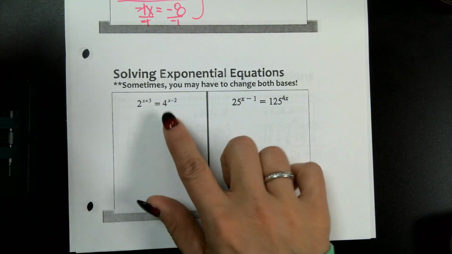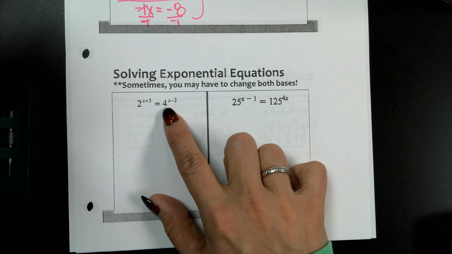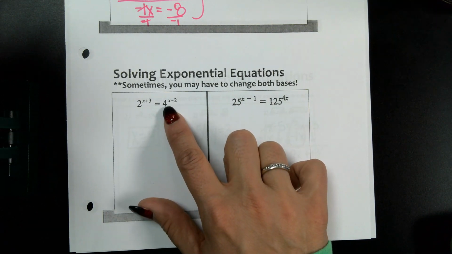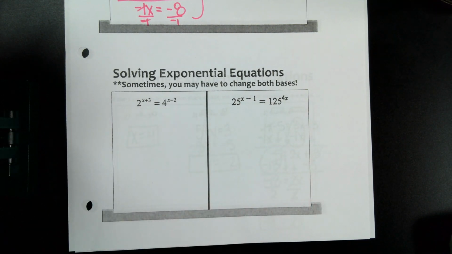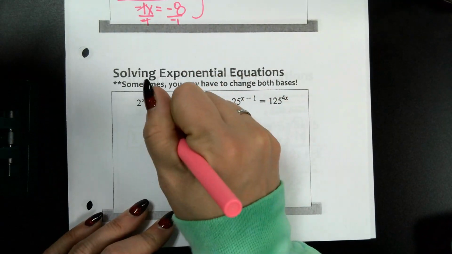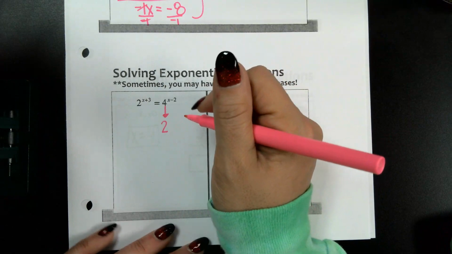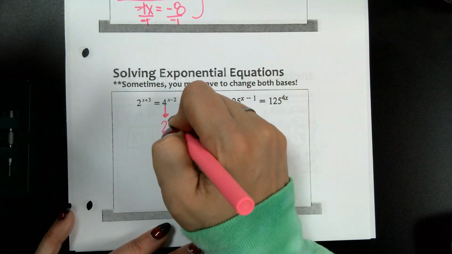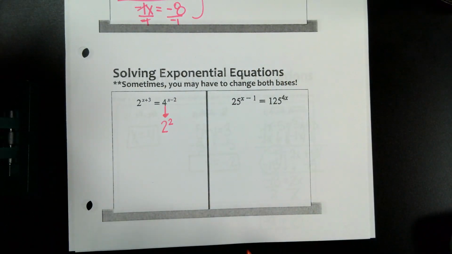big. Is there a way, Caden, is there a way to turn this 4 into a base of 2? Not 2 to the 1, 2 to the second. Okay, so now listen. Here's the most important part.